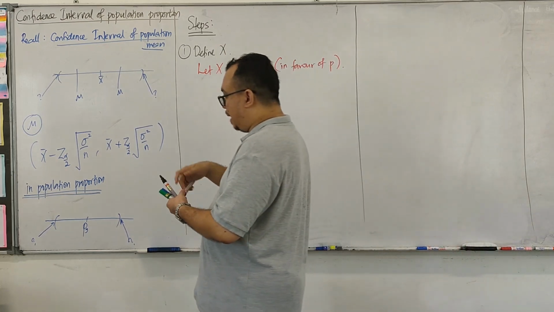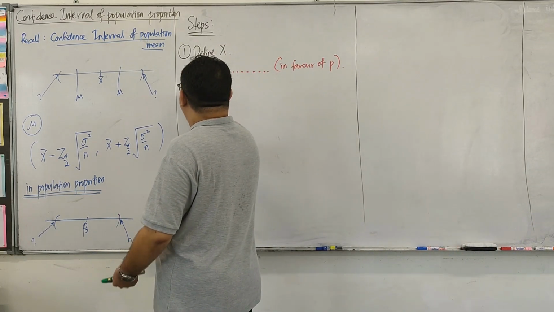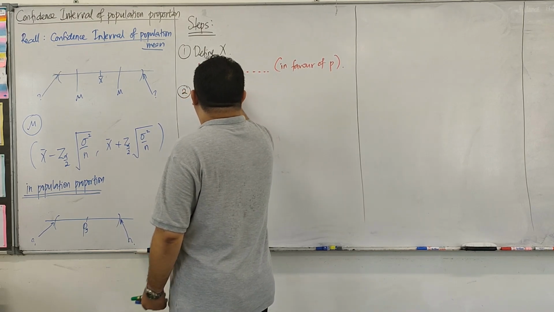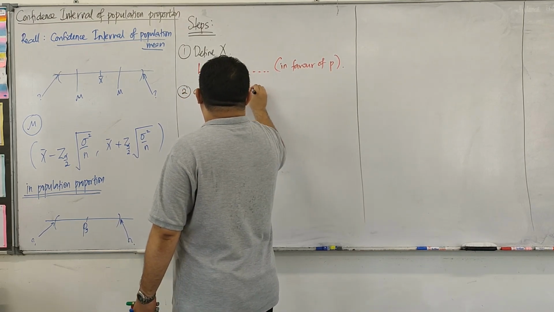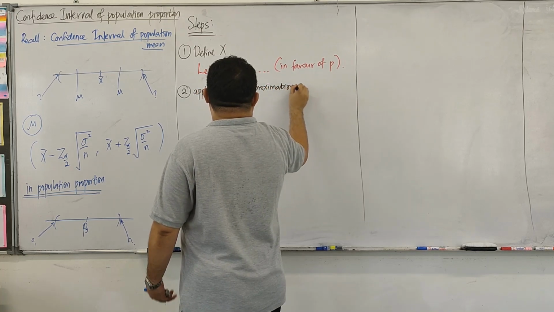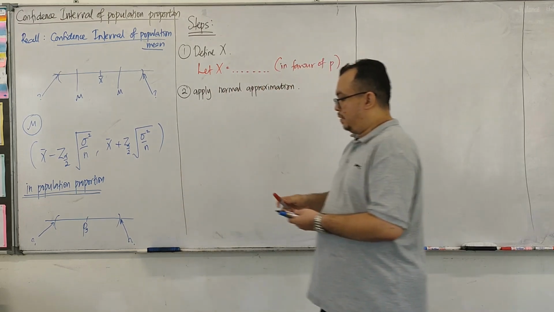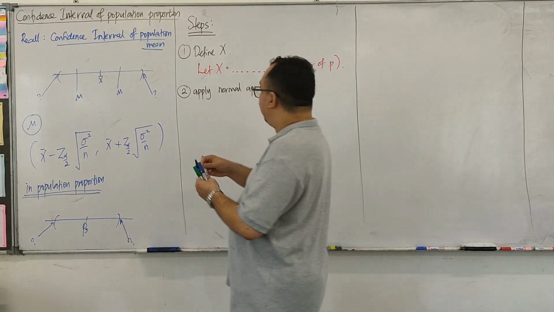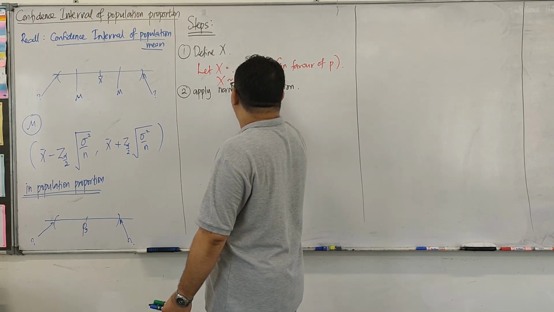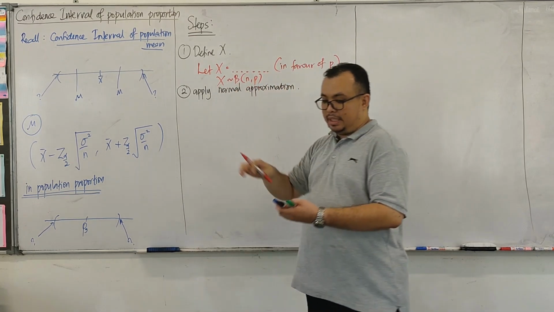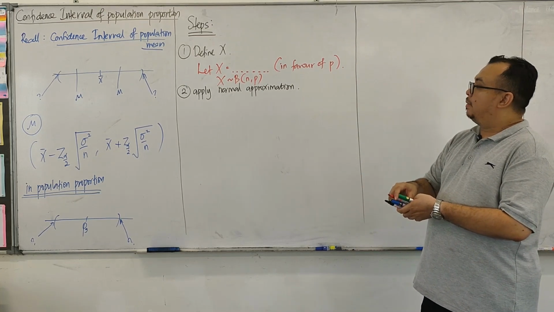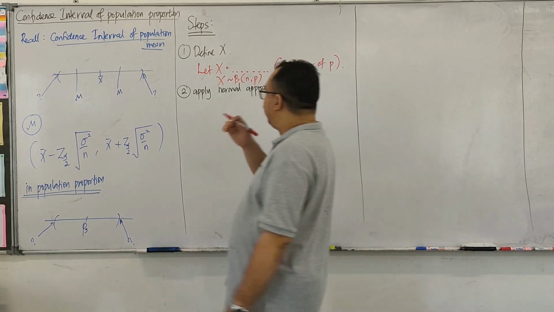Okay, and then number 2, you must apply normal approximation. Okay, oh, before I forgot this one, you can write your x followed by binomial and p, because proportion is also your binomial. So we apply normal approximation.